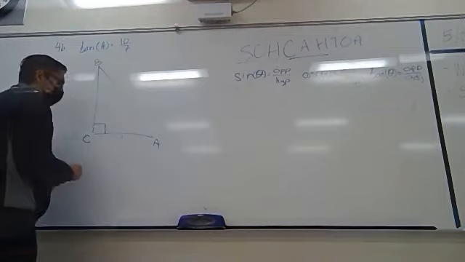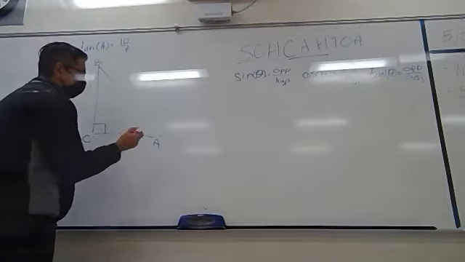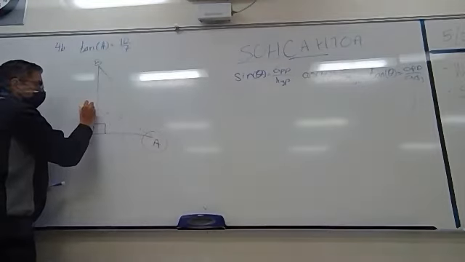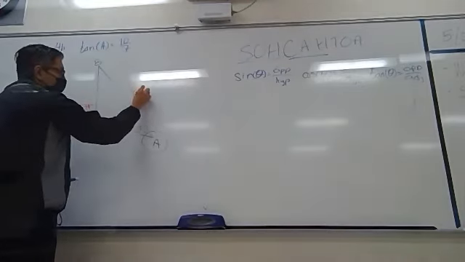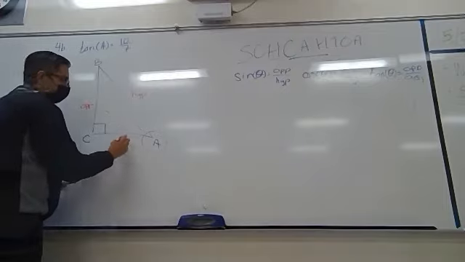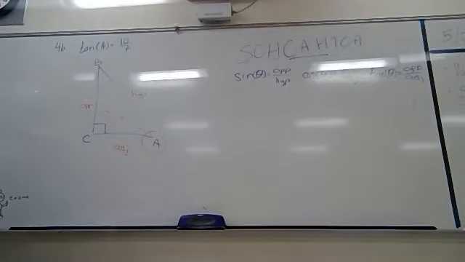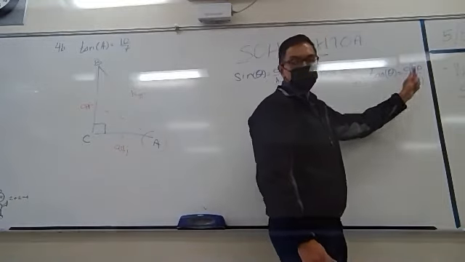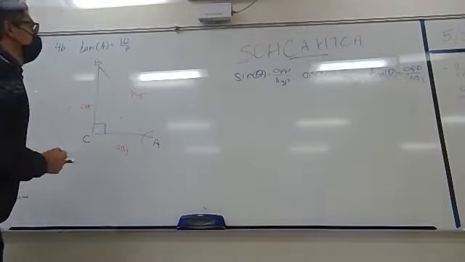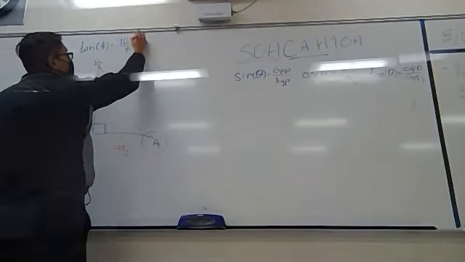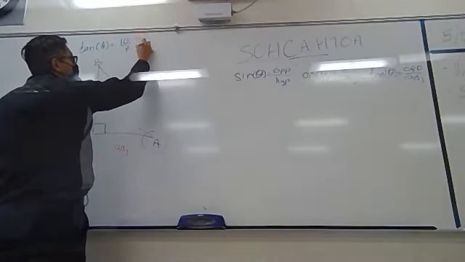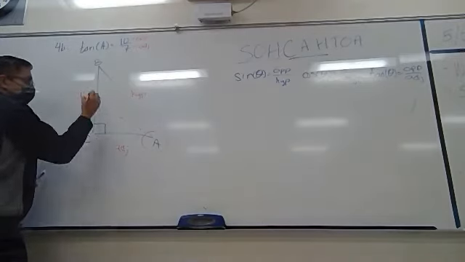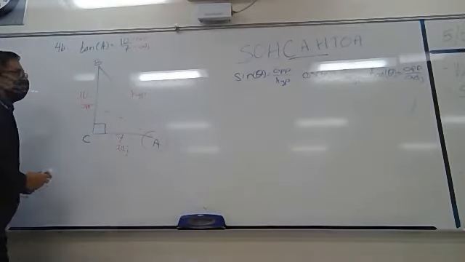Now, tangent of A, this is A, right? So this would be the opposite, this would be the hypotenuse, and this would be the adjacent. We know that tangent, based on SOHCAHTOA over here, is opposite over adjacent, meaning, based on this fraction, 10 should be the opposite side, and 7 should be the adjacent side. So this is 10, and this is 7.